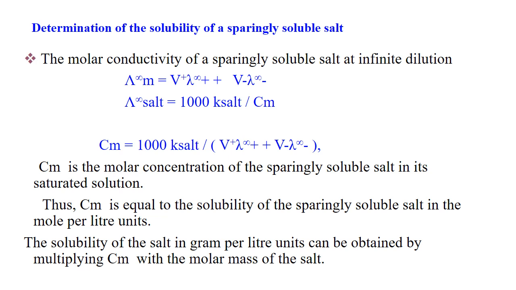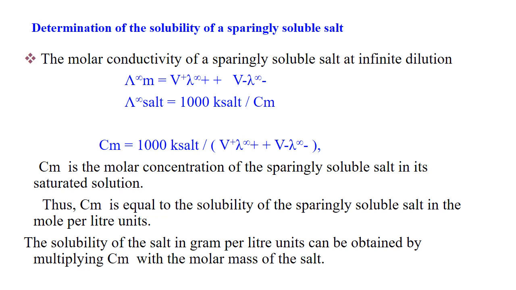Let's see the determination of the solubility of a sparingly soluble salt. The molar conductivity of a sparingly soluble salt at infinite dilution, lambda m infinite, as usual is v plus lambda m infinite plus plus v minus lambda m infinite minus. And like our formula of molar conductivity, lambda m of the salt is equal to 1000 times kappa of the salt divided by the concentration of the sparingly soluble salt.